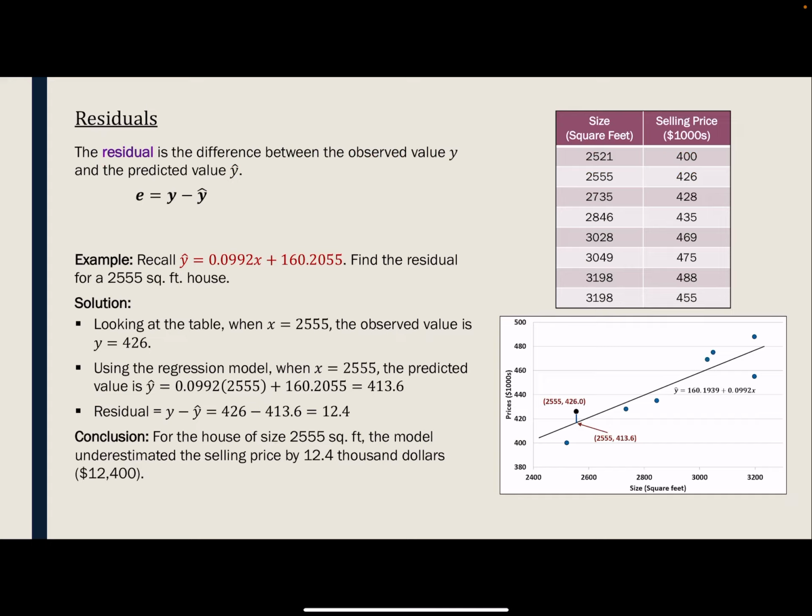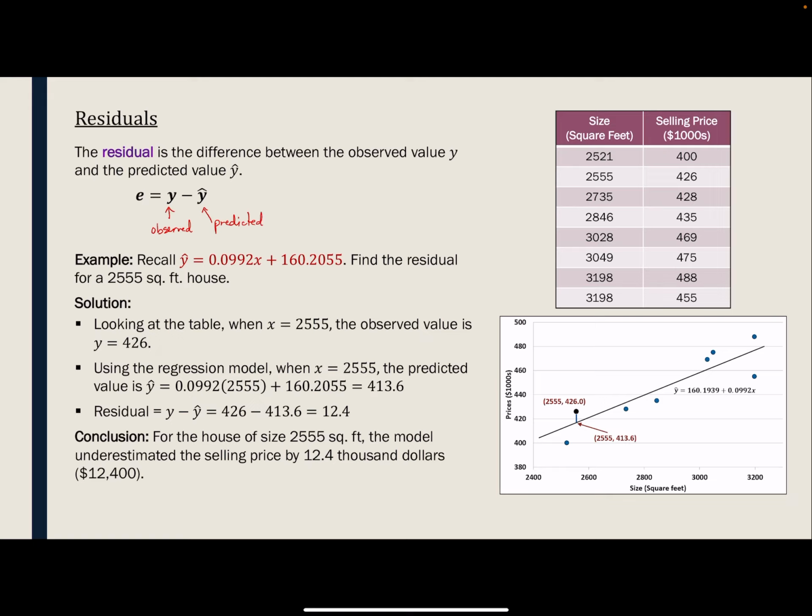Residuals. We've actually touched on residuals already because we use residuals when trying to find the linear regression model. The residual is the distance between the point and the line. So what we're actually finding is the distance between the observed value and the predicted value.